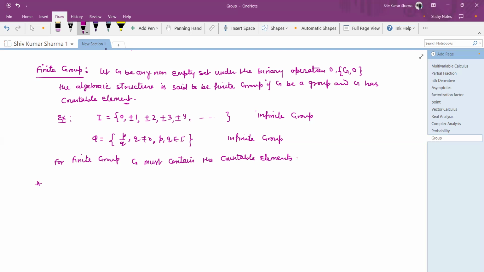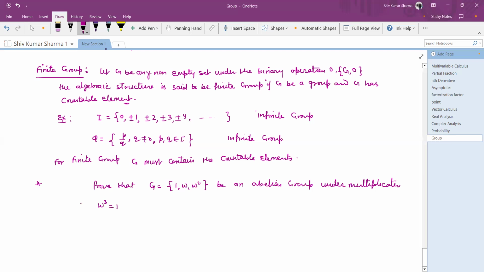Now we take the example related to finite group. So a very popular example for finite group. Prove that G equal to {1, omega, omega square} is an abelian group under multiplication, with omega the cube root of unity, with omega cube equal to 1.